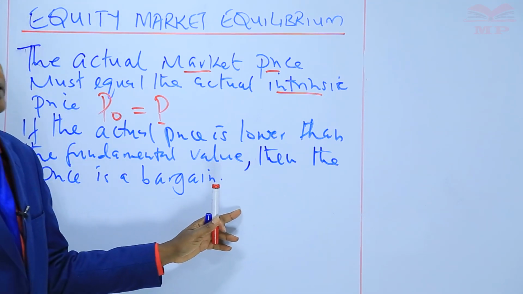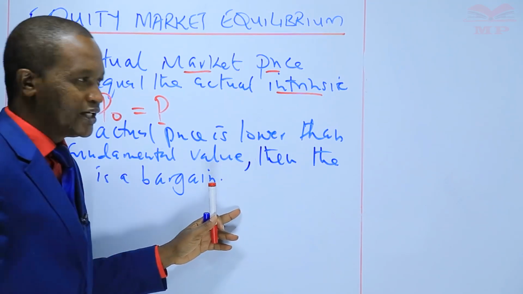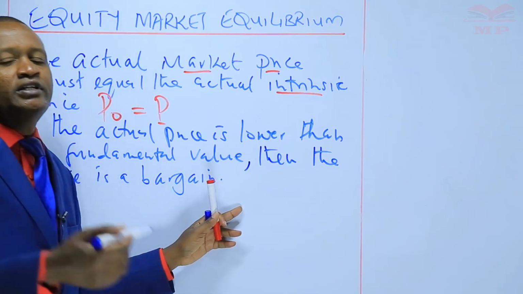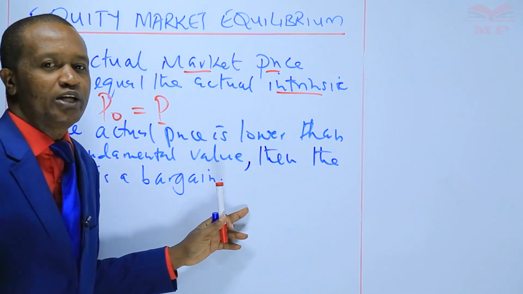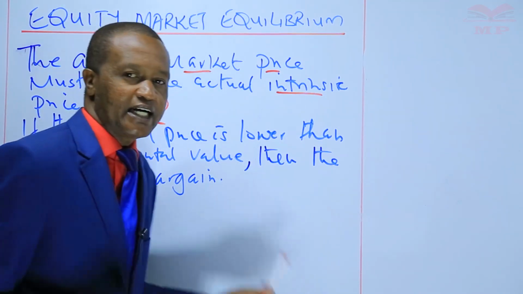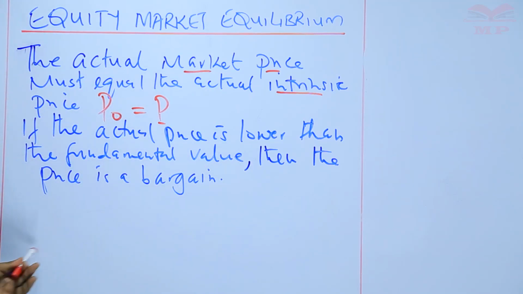In other words, in equilibrium, expected returns must equal required returns.